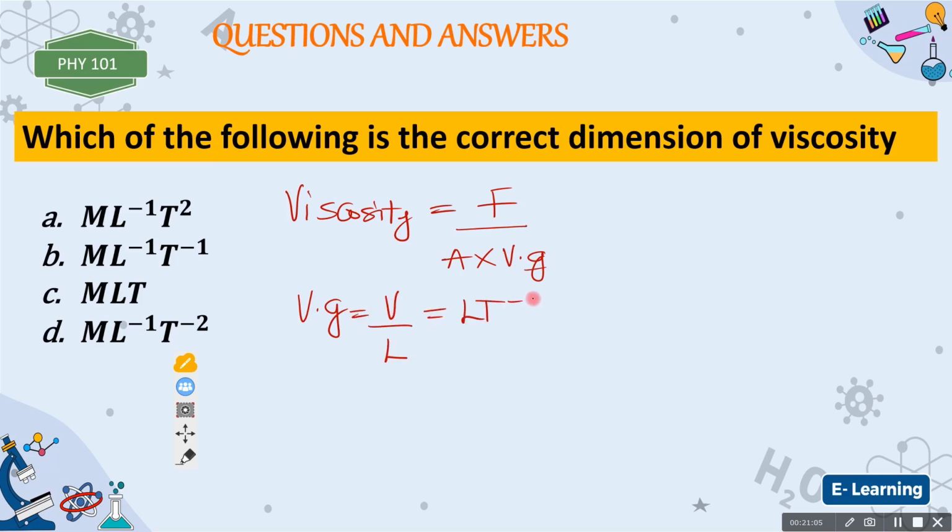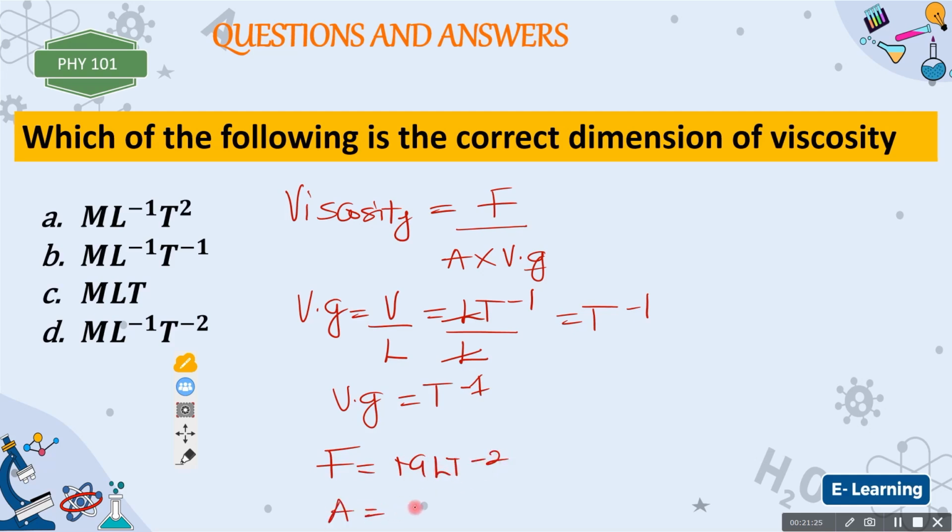What is the dimension of velocity? LT minus 1 over length. So L cancels L, and you have T minus 1. So our velocity gradient is T minus 1. Now, what is the dimension for force? We said force is MLT minus 2.